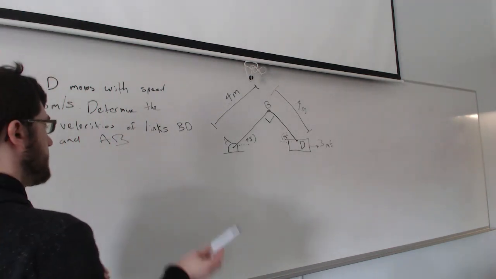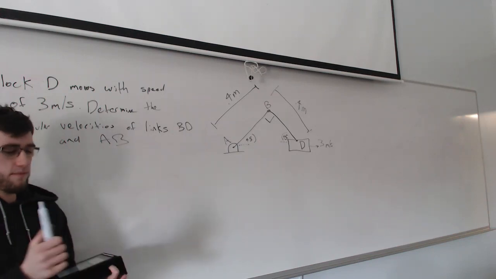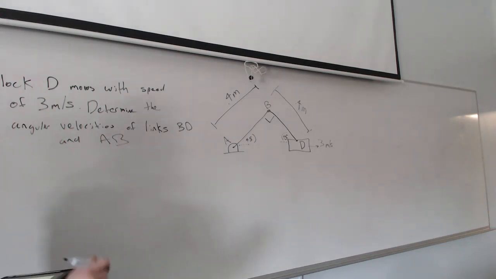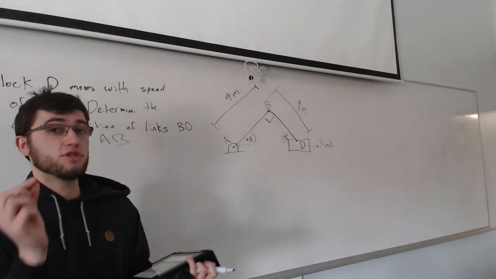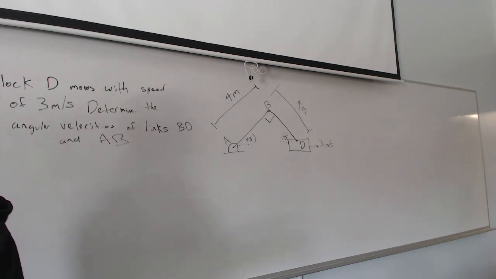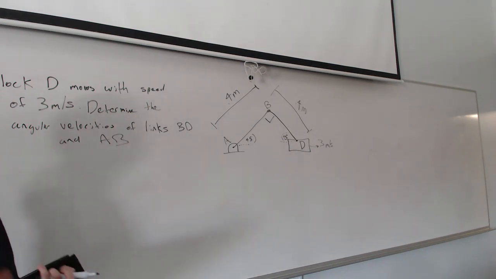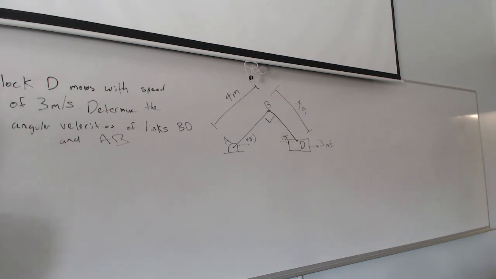A helpful hint, if you haven't figured this out by now: usually, 95% of the time, questions will ask you to find things in order. If I tell you to solve A and then comma B, you should almost always solve A first, because solving A will solve B, but if you try to go the other way around, it might be 10 times harder.